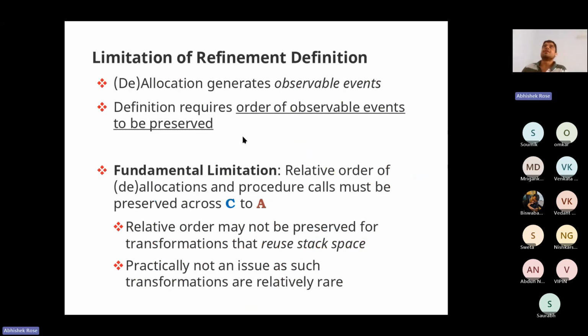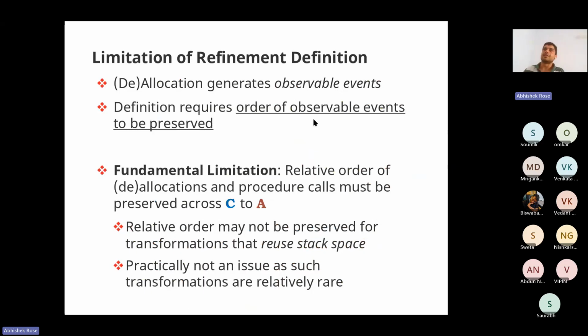Now, a limitation of our current refinement relation is that we are producing these observable events. If the observable events in both programs are not identical, recall that our trace is an ordered attribute. So if the order of the events is different, the traces will not be identical. So the refinement definition requires the order of observable events to be identical as well.